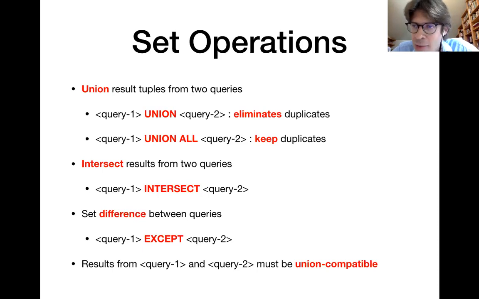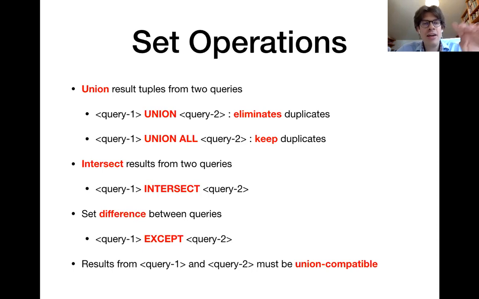And the easiest way probably of doing that is with the SQL set operations. So if you have results of queries, then for instance, sometimes you might want to take a union of the result of 2 queries. And with SQL, you can do this using the union or union all keywords.